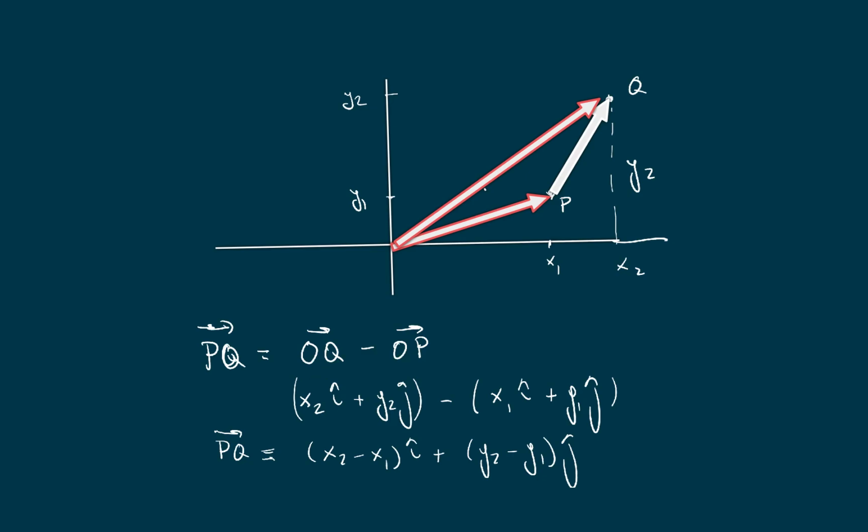So the vector OQ minus the vector OP is x2 i plus y2 j minus x1 i plus y1 j.